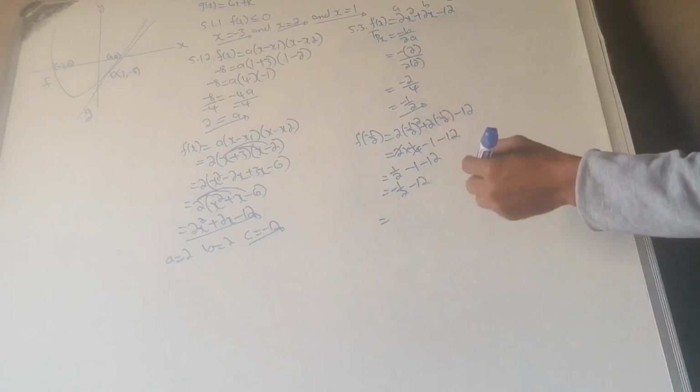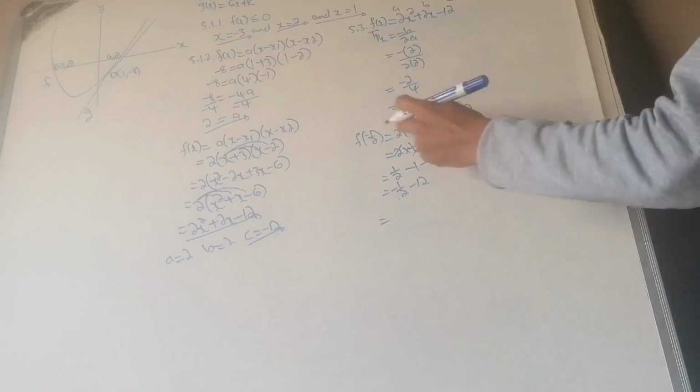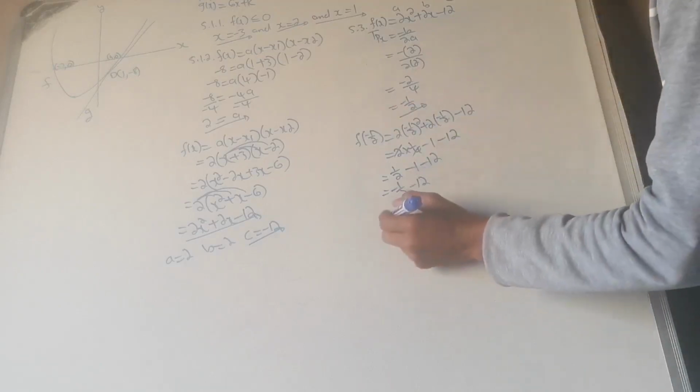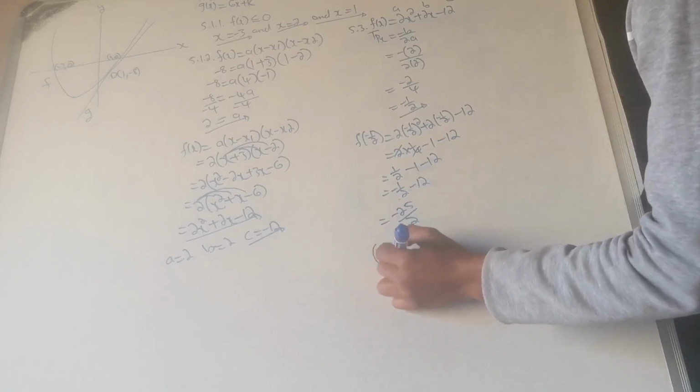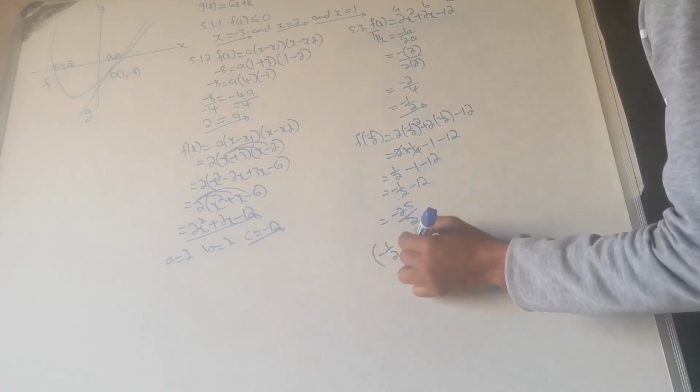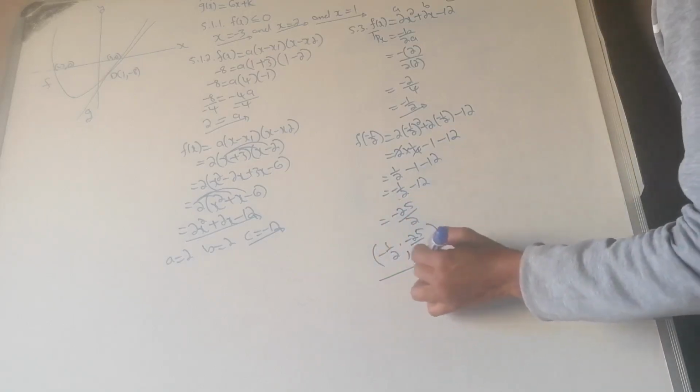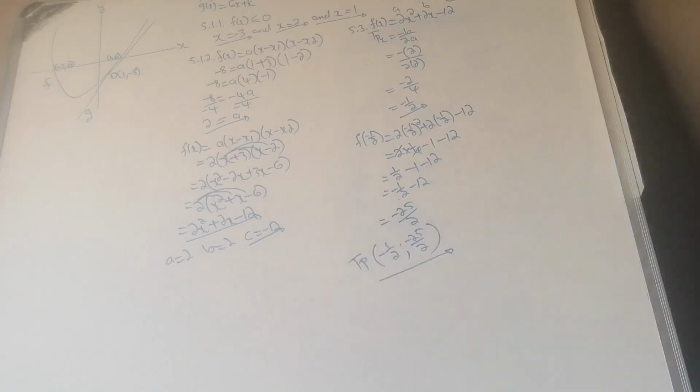I give that as a fraction, negative 25 over 2. So x is negative 1/2, y is negative 25 over 2. That is the coordinate of the turning point. Are we fine? Yeah.